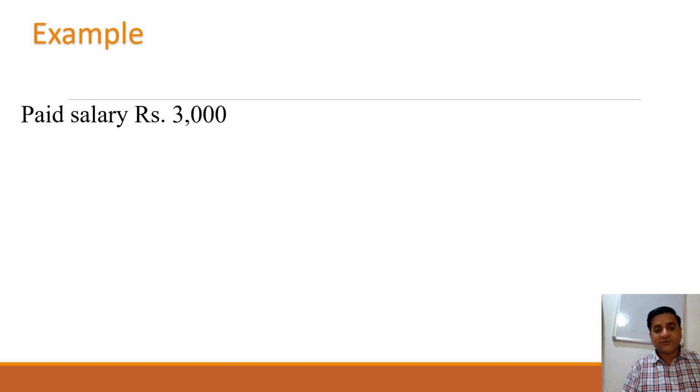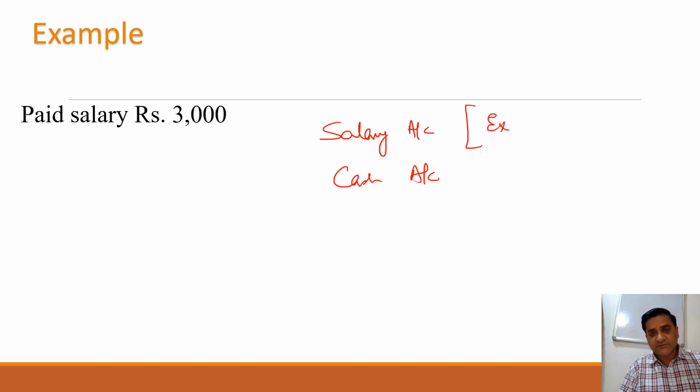Paying salary of 3,000. What are the accounts involved here? One is the salary account, the other one is the cash account. Salary account, the nature of that is of an expense. Cash, again your asset. Expense has a debit balance, natural balance of a debit.